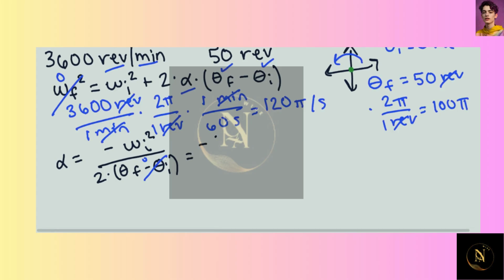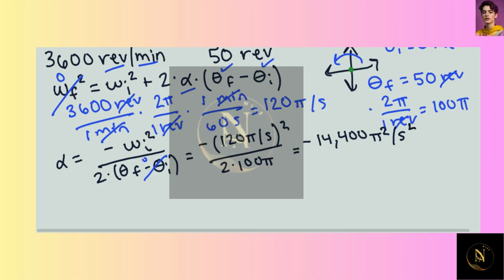Plugging in the rest of what we know, we see that we have negative 120 pi per second, squared, divided by 2 times 100 pi, equals negative 14,400 pi squared divided by seconds squared over 200 pi.